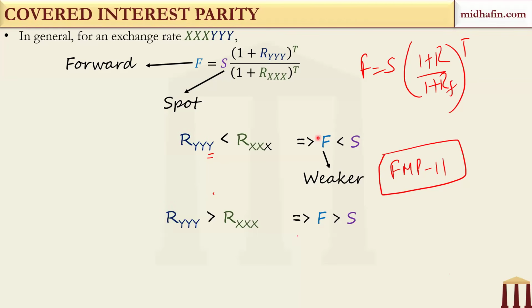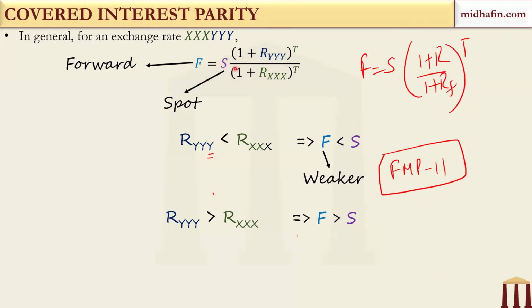You're absolutely right. But the difference between covered and uncovered is that covered is based on arbitrage arguments and the relationship between forward and spot prices. So covered interest rate parity says that exactly this relationship should hold good. Try and understand this point.